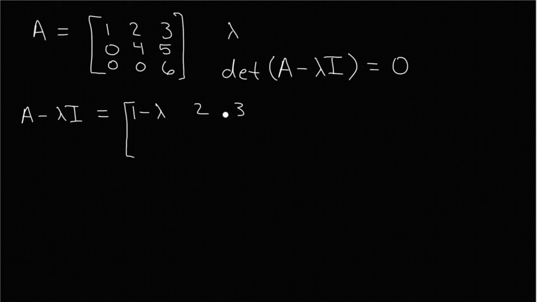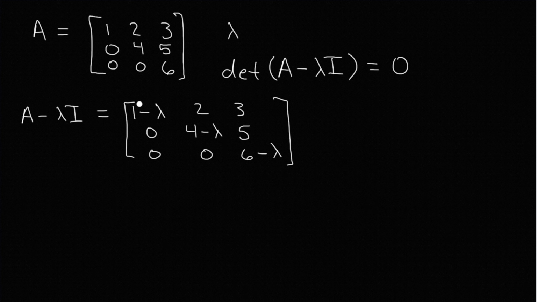These two elements are not on the main diagonal, so they're not going to be subtracted. 4 minus lambda, 5. And then on the bottom row I have 0, 0, and 6 minus lambda. So now that we've subtracted lambda on the main diagonal, what we want to do now is find the determinant of this matrix.